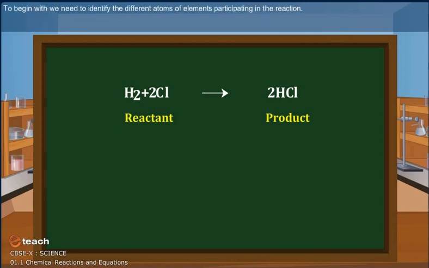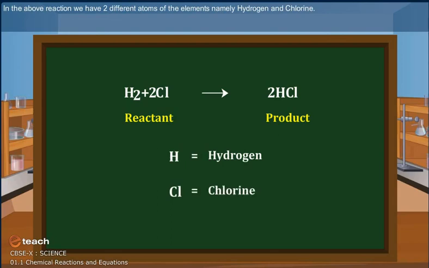To begin with, we need to identify the different atoms of elements participating in the reaction. In the above reaction, we have 2 different atoms of elements, namely hydrogen and chlorine. Let us identify the total number of atoms of each element on the left-hand side and right-hand side.